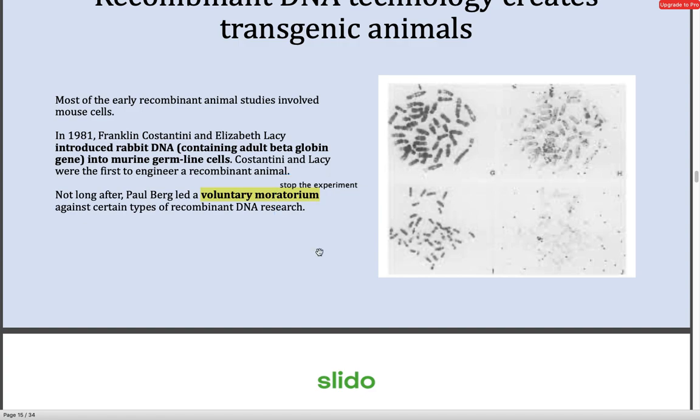And his worry was, what if someone comes up with something extremely dangerous? So if there are no rules in place, how do you actually ensure the safety of scientists or people who might have to deal with the repercussions of all these recombinant plasmids that people come up with?